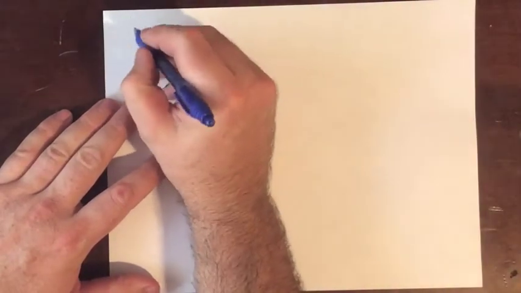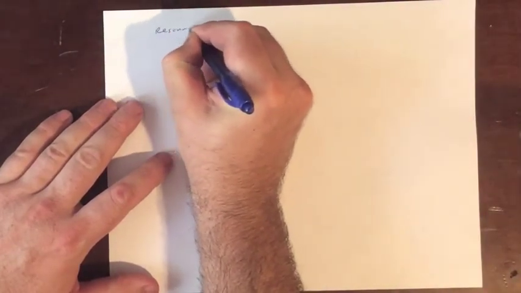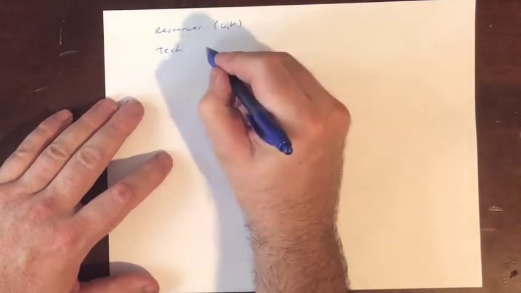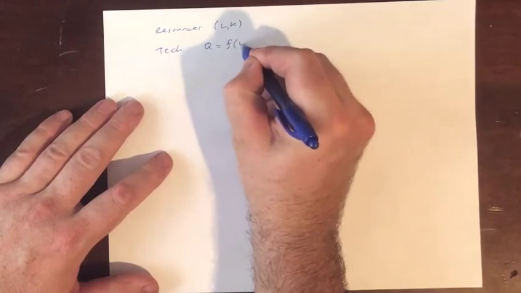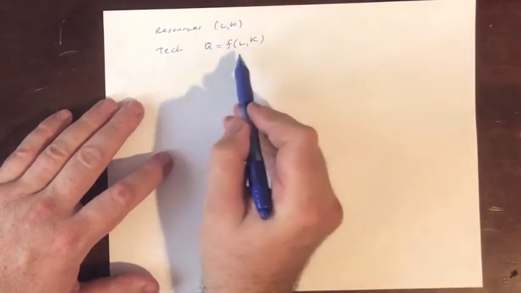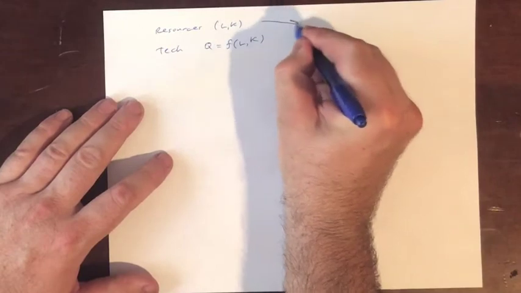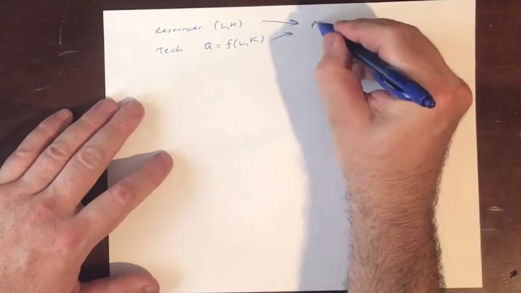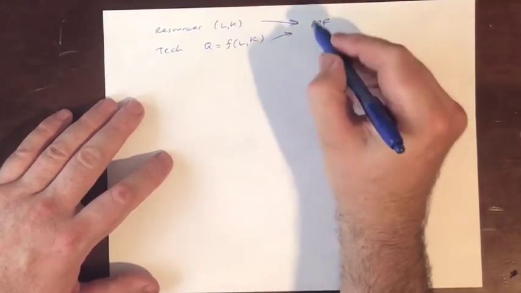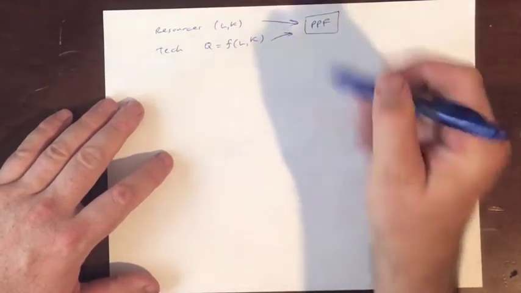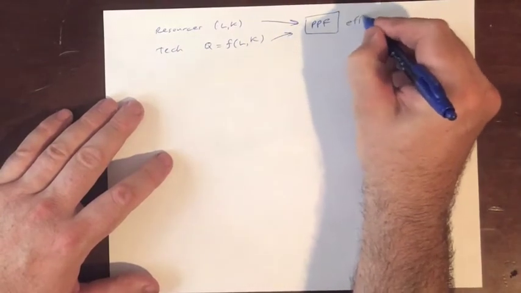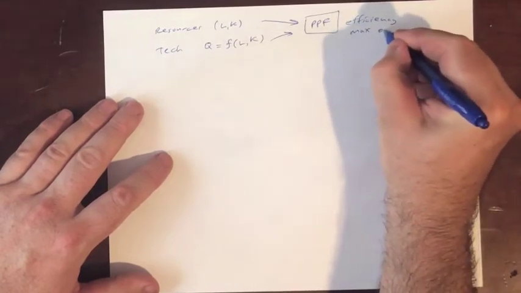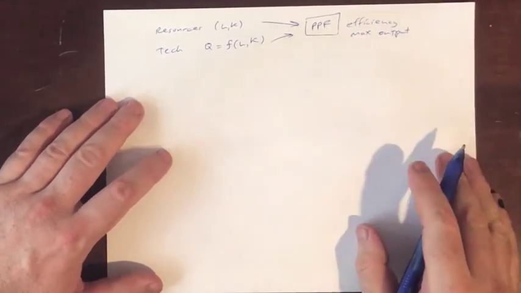Okay, so if it is resources, that is labor and capital, and technology represented by the production function, Q equals a function of labor and capital, if these things together lead to the production possibilities frontier, which is a representation of society's efficiency, society's maximum output, right?